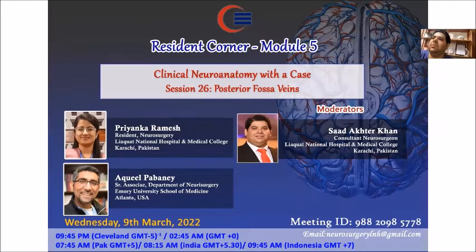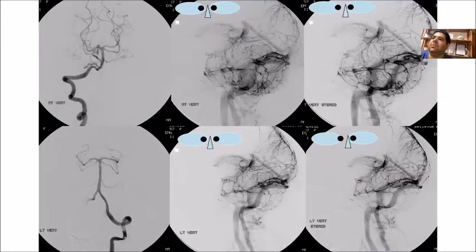But the reality is, in posterior fossa veins you have a lot of variation and variability, and it is almost impossible to know each vein in the posterior fossa by heart. I think the more important thing is to understand their anatomical location, what territories they are draining, and the clinical implication of those veins.